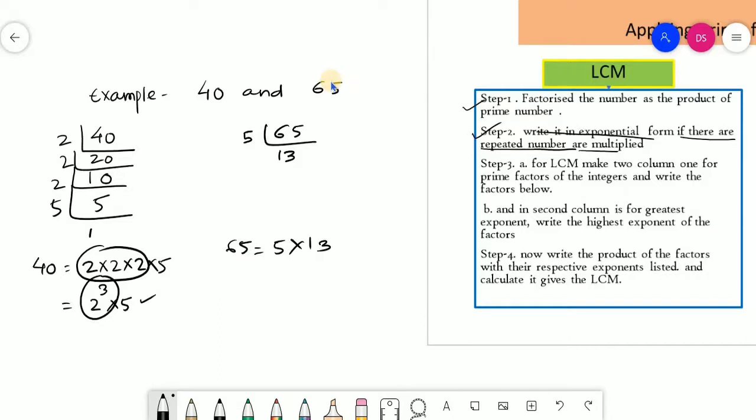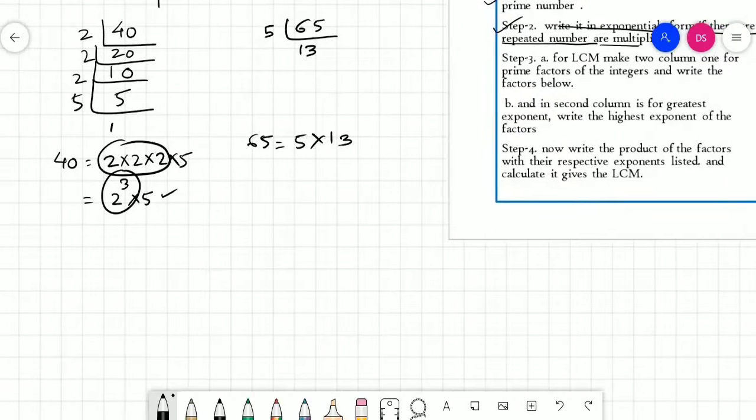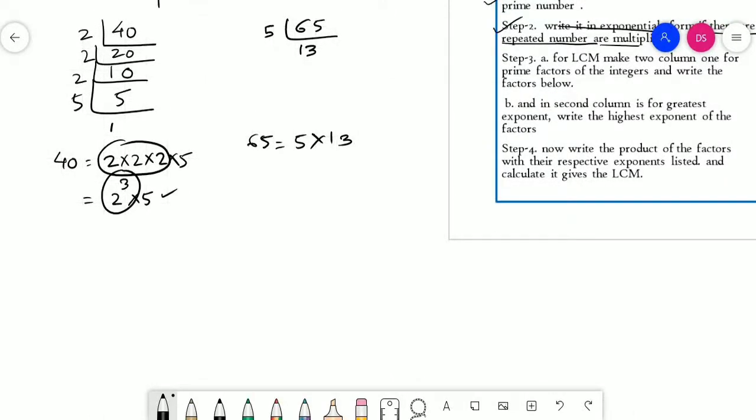Now we will have to make two columns over here for LCM.